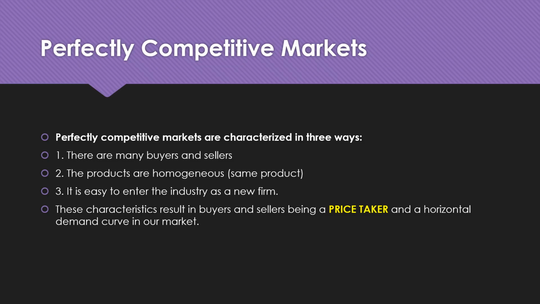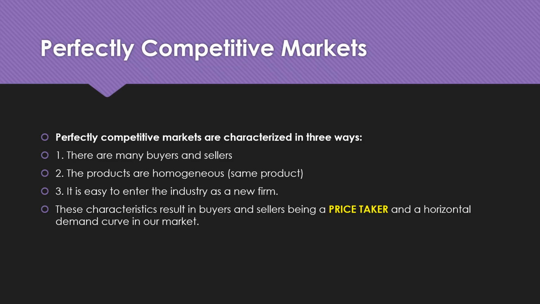But these characteristics provide a unique circumstance in which all perfectly competitive firms and essentially all perfectly competitive consumers in the industry are what are known as price takers. A price taker is an individual that has no control over setting the price in the market. It is completely up to traditional market forces that result in a market equilibrium that dictates the amount of a good or service that's produced in the market and the price that it's sold for.